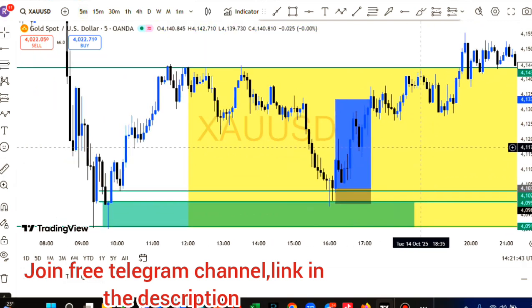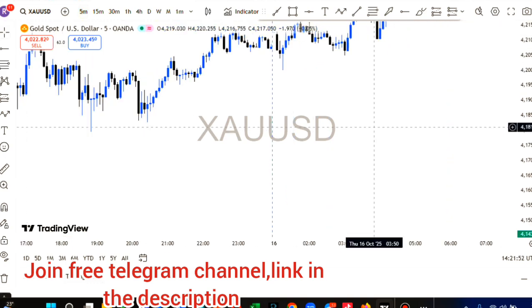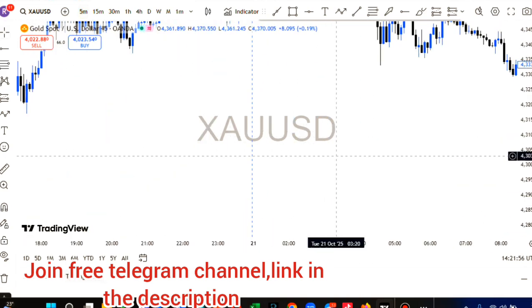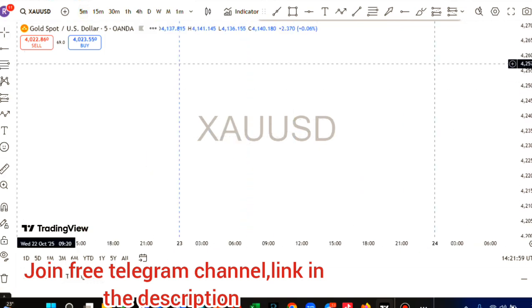Okay, so guys, that's how I trade daily on my account. And let me show you today's trade for just a simple and quick analysis. I'll also share with you today's trade. Let me share it very quickly with you guys.